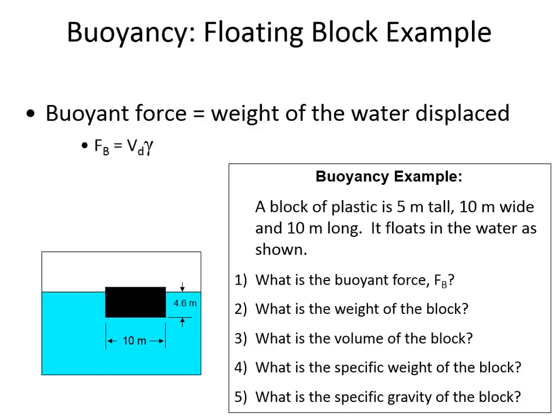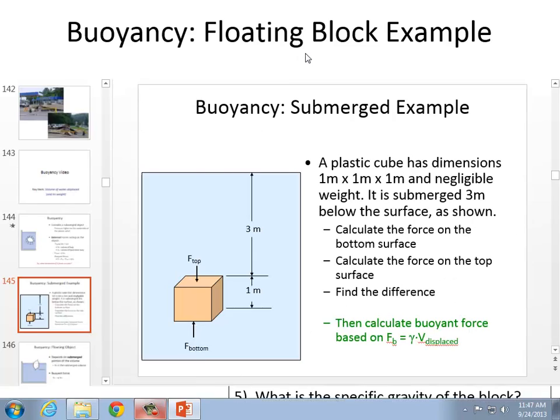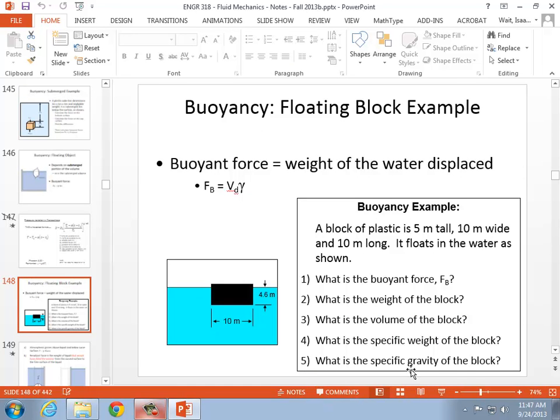I think all the information is given that once you find the buoyant force, then everything else you should be able to find relatively easily. So I'll turn you loose to work on that. Feel free to discuss it with a partner, of course. I think that's a great thing to do. And let's see if you can calculate the specific gravity of the block ultimately.